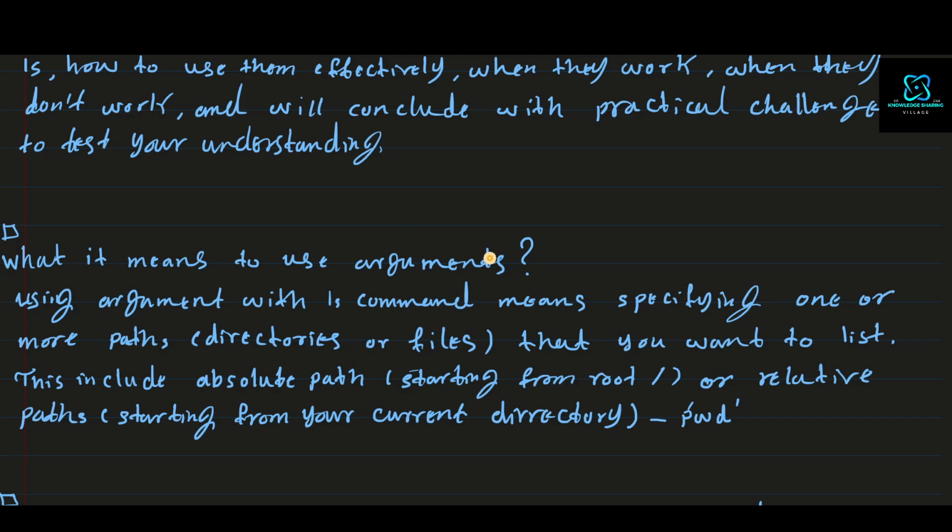We are going to talk about the specifics of absolute path and relative path when we start the topic of the command print working directory, which we will start after we are done with the concept of ls command.